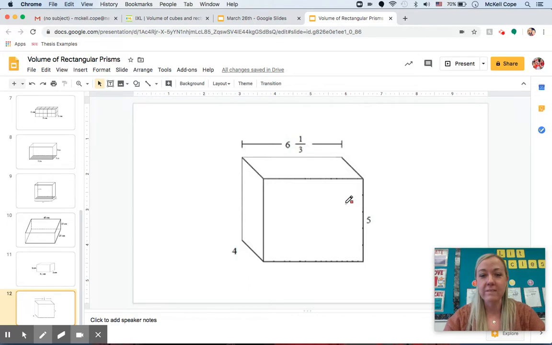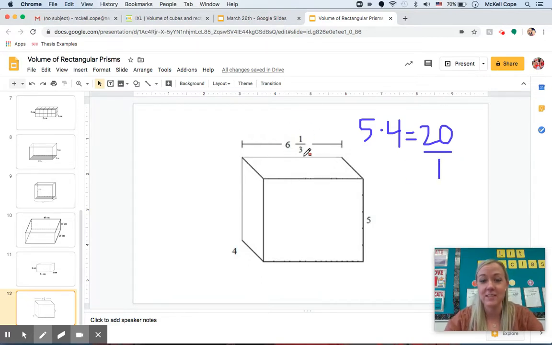So let's do 5 times 4, and that gives me 20. And I'm going to take that 20, and I'm going to times it by the improper fraction of 6 and 1/3.